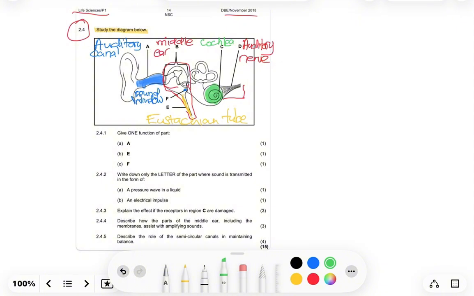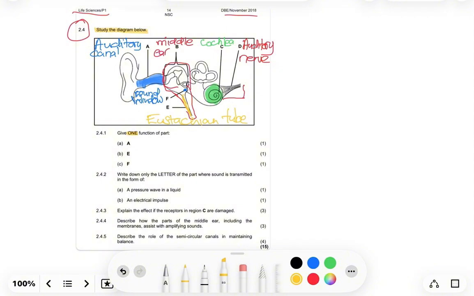So now, let us look at question 2.4.1. 2.4.1 is an easy question that is simply asking you for recall of the functions of the given parts. So the question says, give.